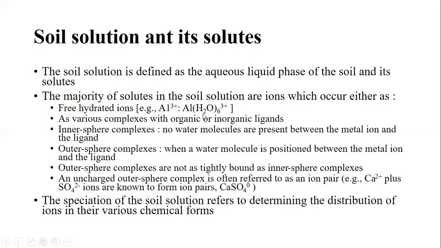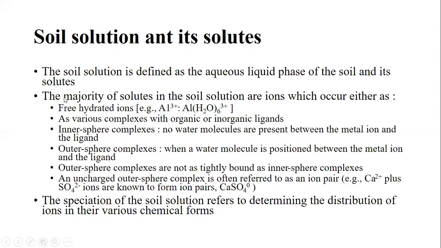Remember, water is a polar compound, so it surrounds any charged ion. So we have aluminum with 6 water molecules, Al(H2O)6. The valence, of course, will stay the same. Trivalent aluminum still will be trivalent hydrated aluminum with 6 water molecules surrounding it.